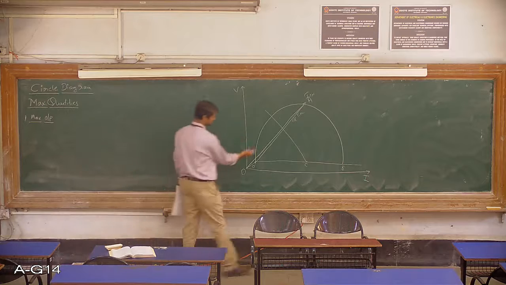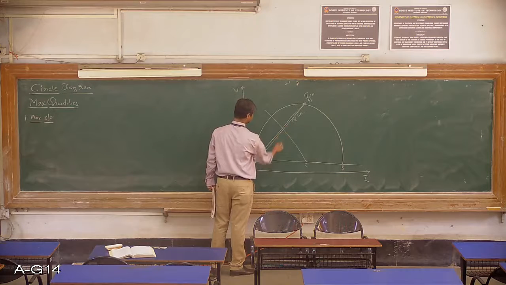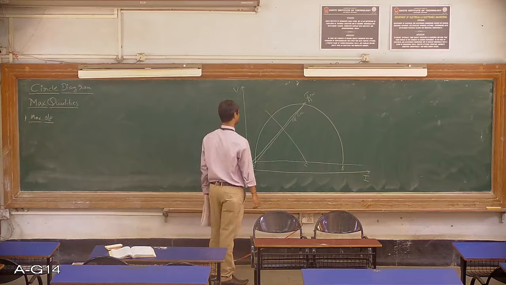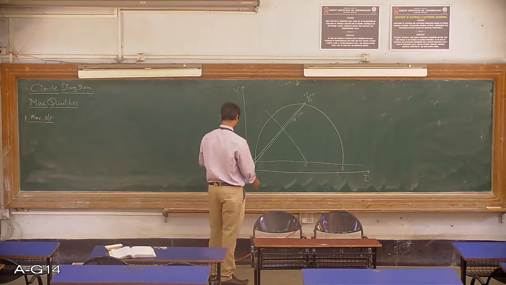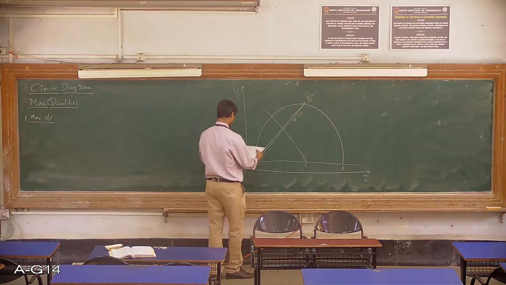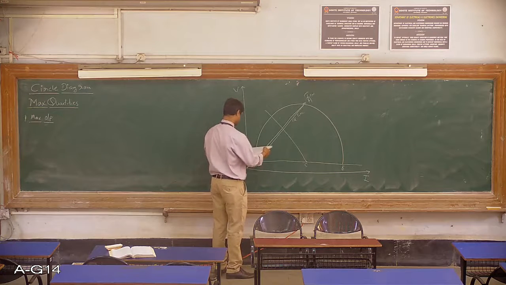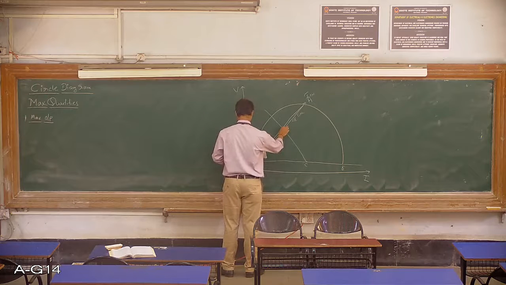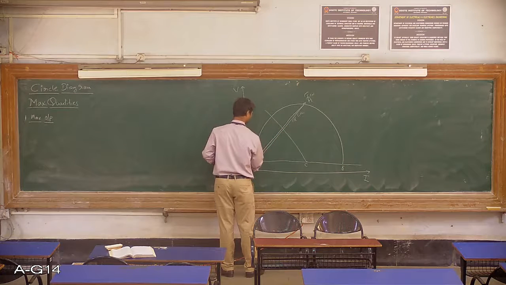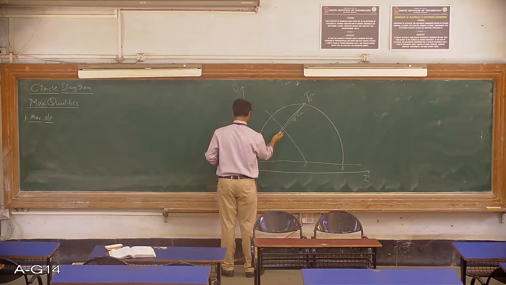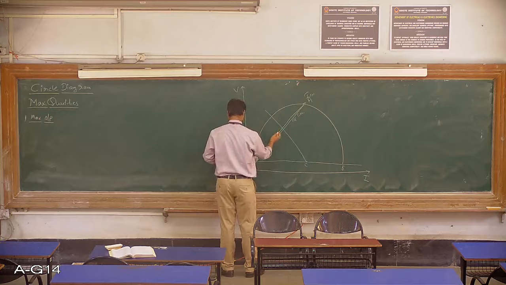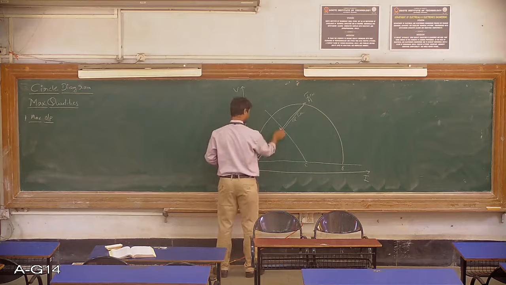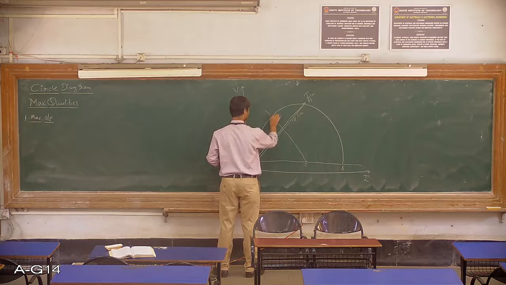Since this is the output line, the maximum output can be found by drawing a line parallel to O dash A, which should also be a tangent to the circle.